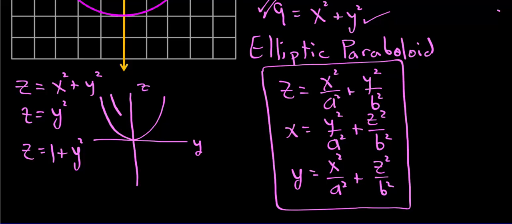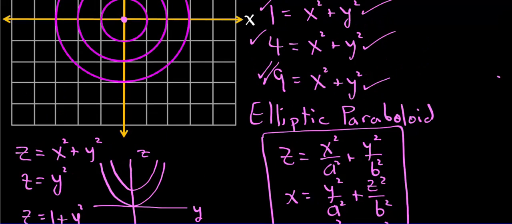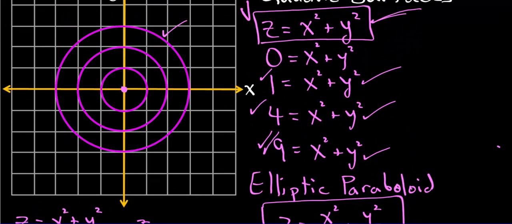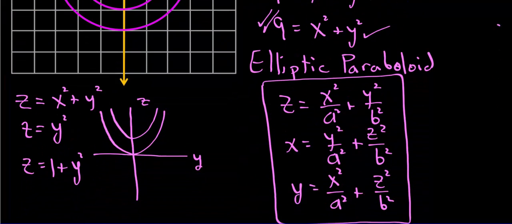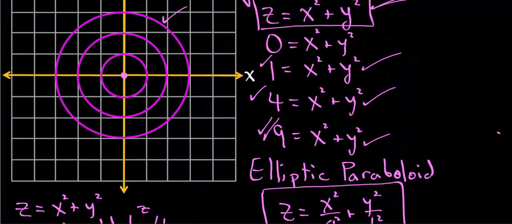So we would have a parabola that looks up like this. The thing is, with these, our traces are not circles. On the other one, our traces were all circles. That's when we were just adjusting the z. In other words, parallel to the xy plane, our traces are circles.